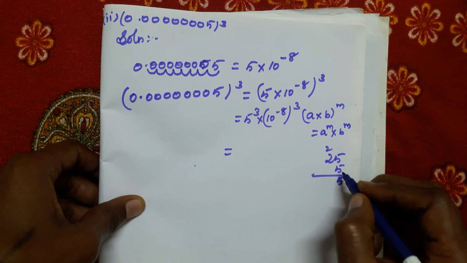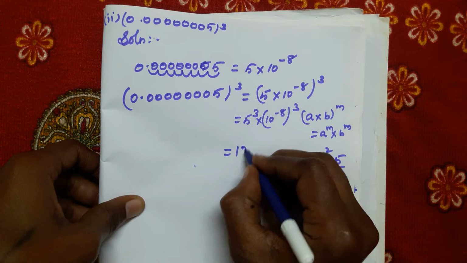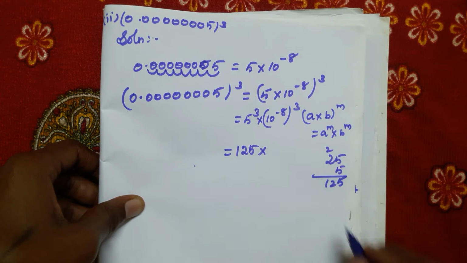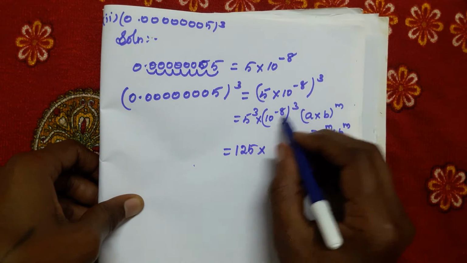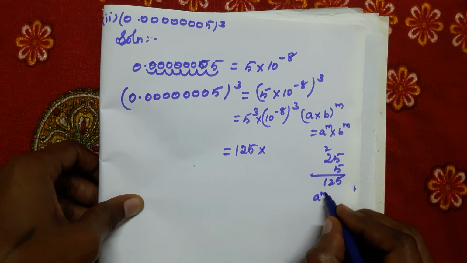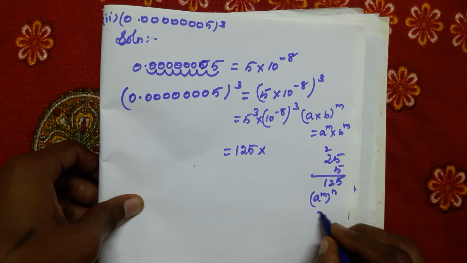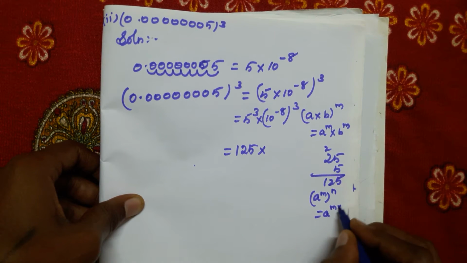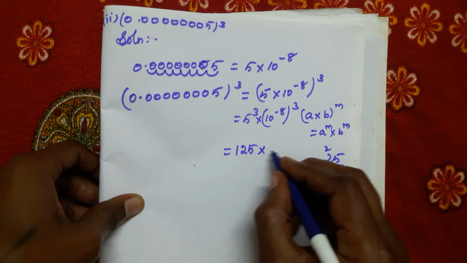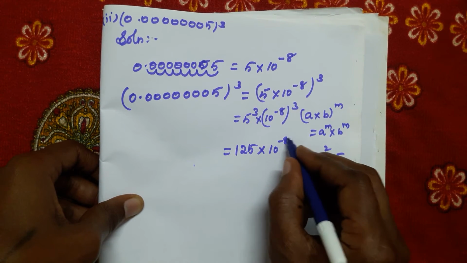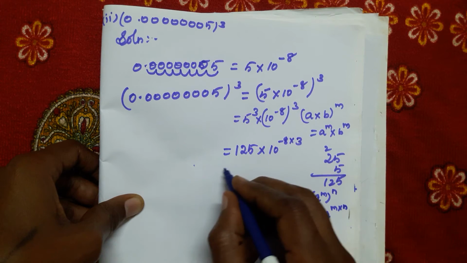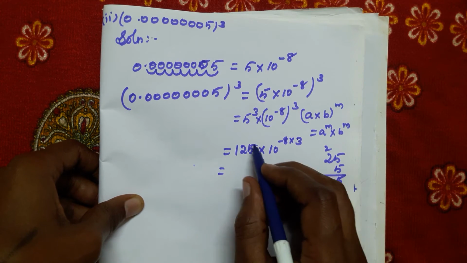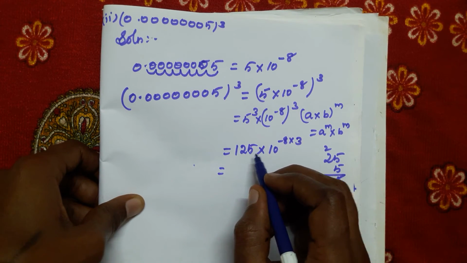25, 2 fives are 10, 12, so 125. Into, again (a^m)^n is equal to a^(mn). So 10 power minus 8 into 3. Is it in scientific notation? No, it is not.